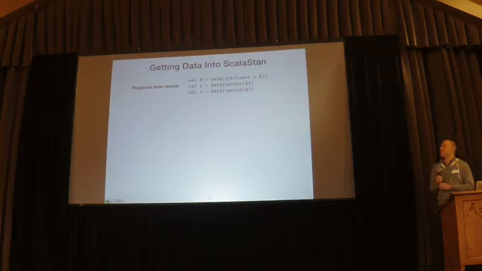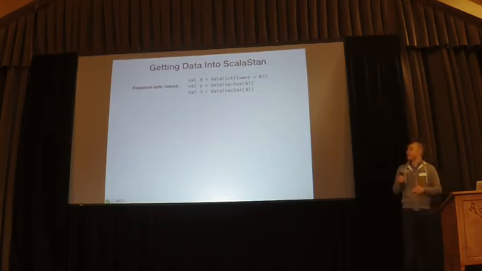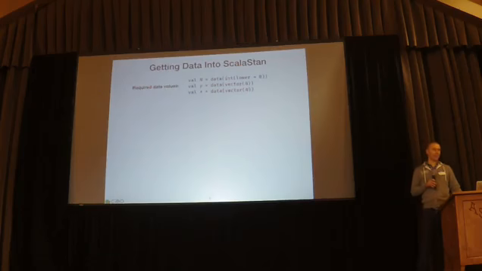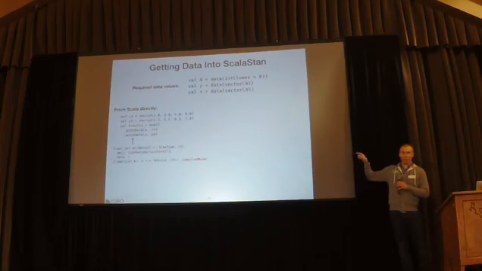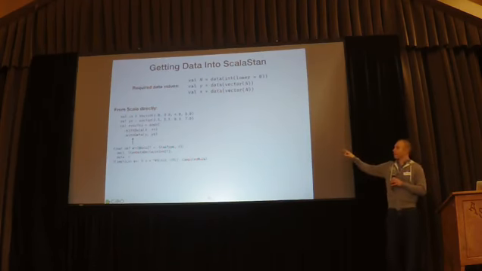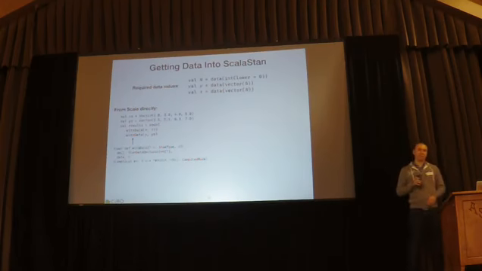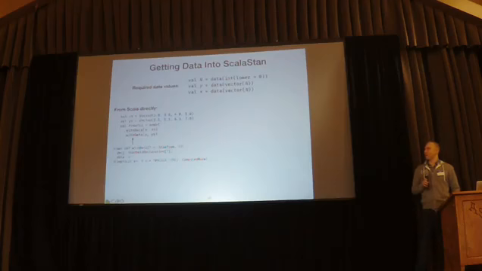So, how do we get data into ScalaStan? You specify the data parameters as we did before, just like you would in your Stan model. And then from Scala directly, you can just say your model dot with data, and that translates the data that you have in Scala land into Stan land in a type-safe way, so it'll complain if it's not the right type.